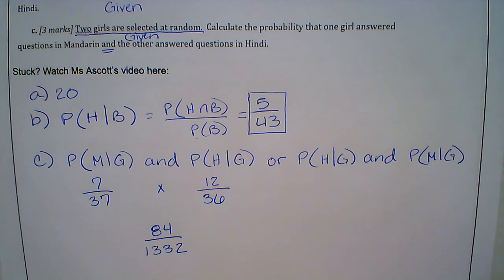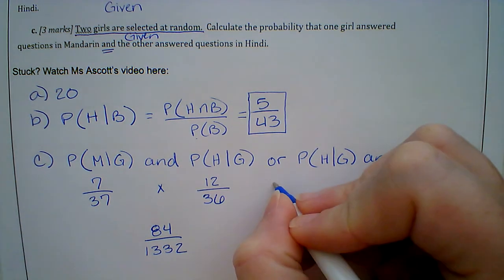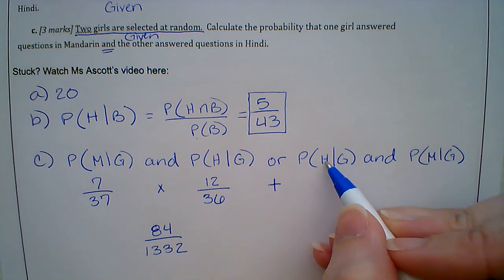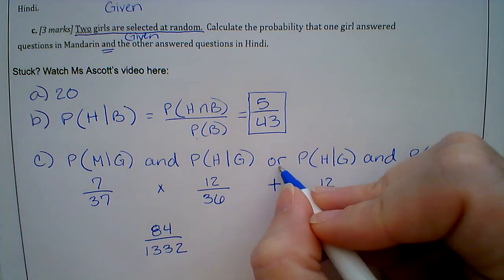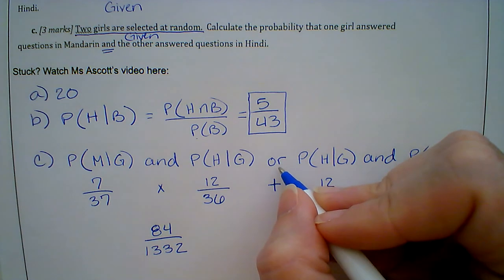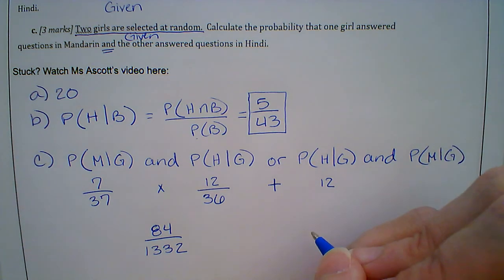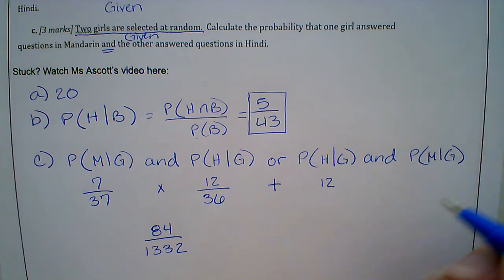Okay, so let's take a look at this. Well, or, what does or mean to do again? This is add. So now I need a girl who speaks Hindi. Well, there's 12 girls who speak Hindi. Now, every time you see the word or, you hit the reset button. So we're going to put all of our girls back in the bag. Shake it gently, don't hurt them. And now we're going to randomly reach in and pull out a girl.